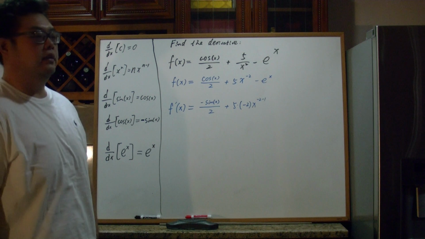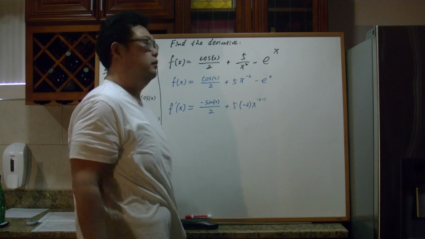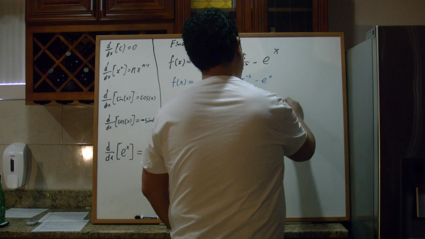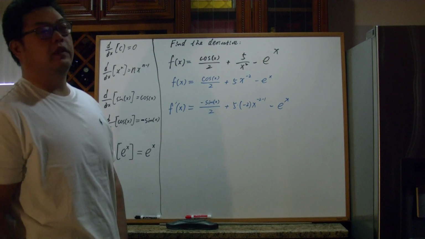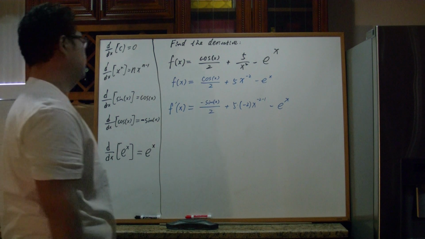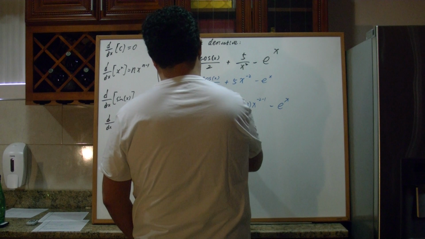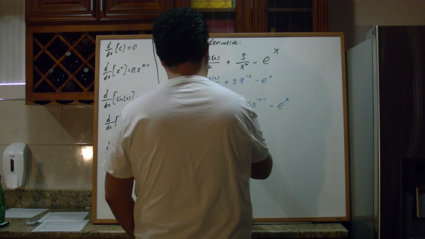We'll see that in the next section. But anyway, here is the power rule: I take the power down and power minus 1. E to the x, the derivative is still e to the x. Then we simplify a little bit to a nicely understandable form.